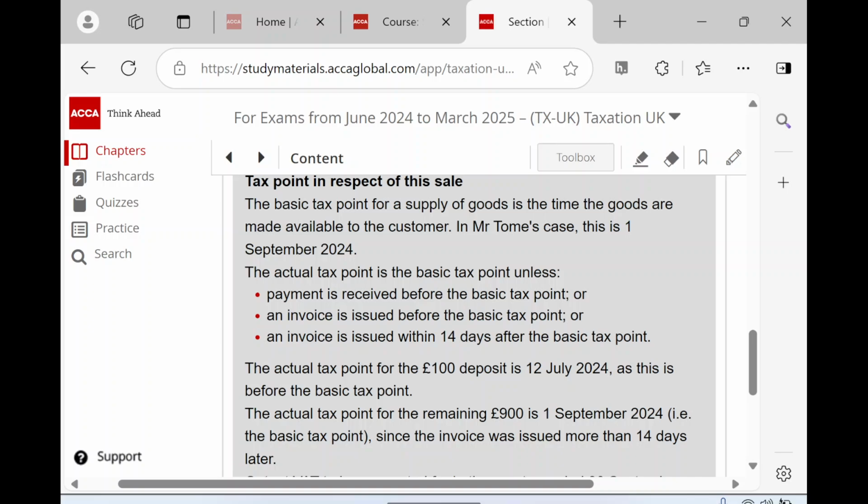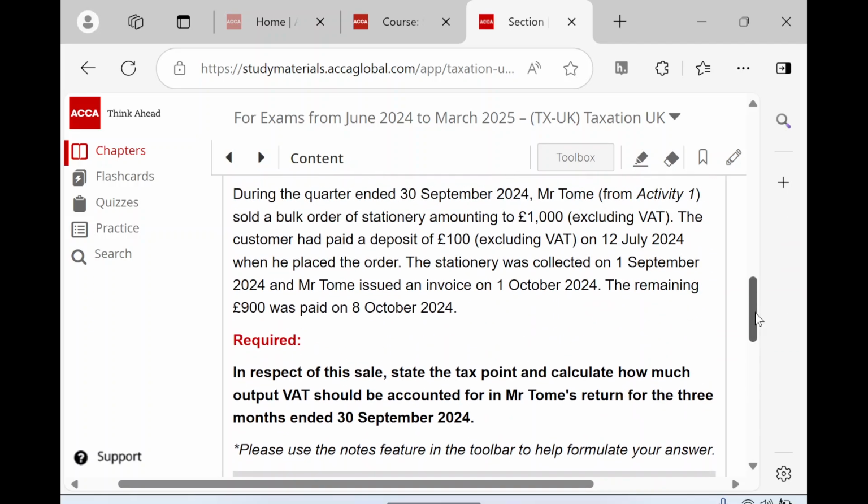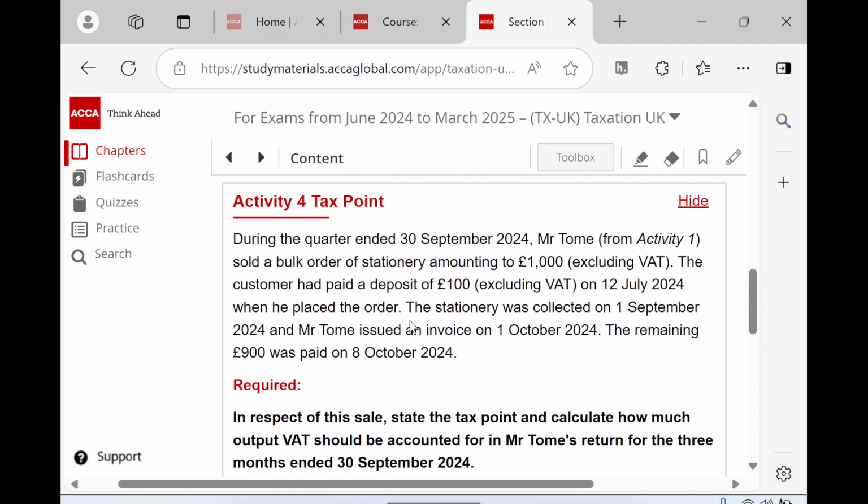Okay, so first things first, the basic tax point, where we're talking about supply of goods, is the time the goods are made available to the customer, okay? So in Mr. Tome's case, this is clearly the 1st of September 2024, and that was detailed within the scenario. In other words, the individual collected the stationery on the 1st of September.